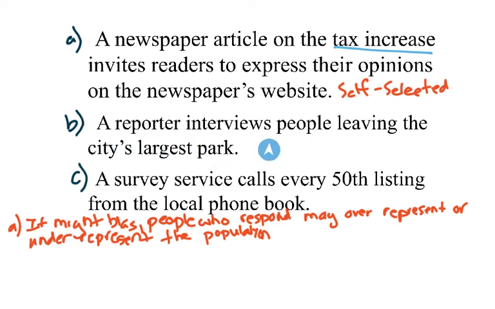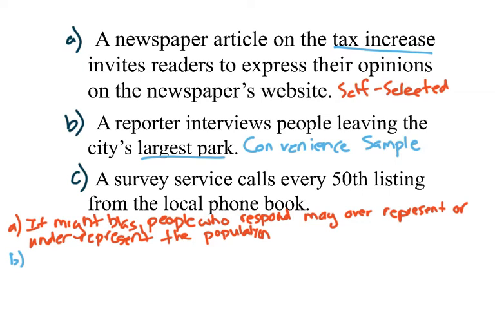So B, a reporter interviews people leaving the city's largest park. Well, this is a convenience sample, because it's convenient for the reporter to stay in one place and just ask people. So would there be bias? Well, they're leaving the largest park, and we're talking about a tax increase for parks.